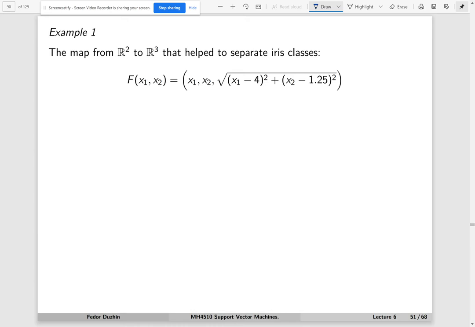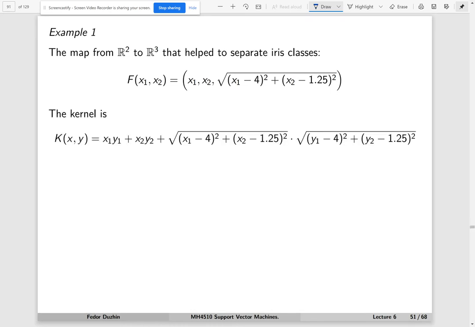So let us look at a few examples. The first example, the method helped us to separate the iris classes. This is the enlarged feature space. Now, this is the kernel, so this is just the dot product in the enlarged feature space. Sorry, I have used y here. I probably should have used x instead.